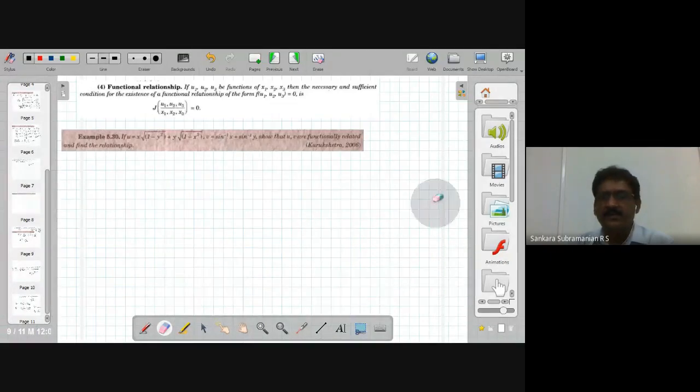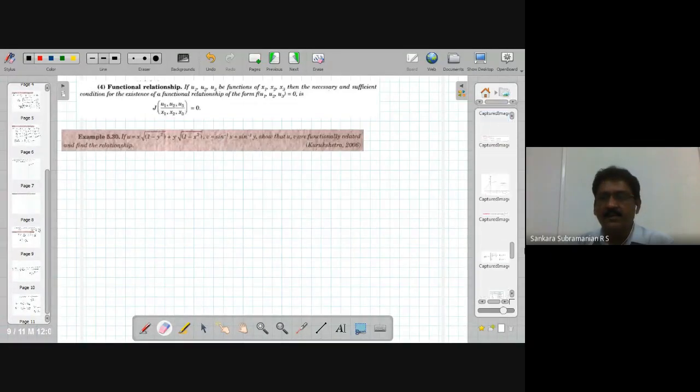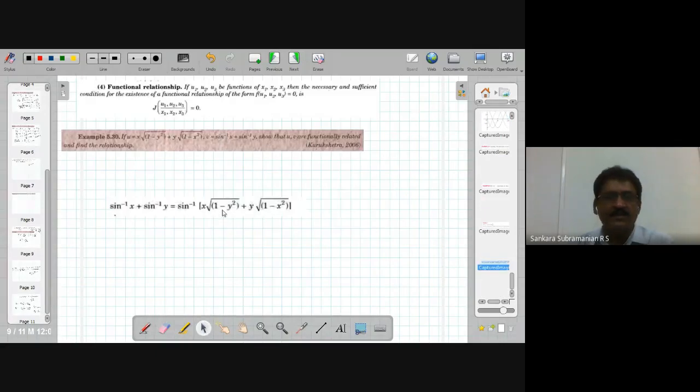So the first part is over. We showed that the Jacobian becomes 0. So therefore, it is functionally dependent. And if so, what is the relationship there? So you have to say that we know that sin inverse of x plus sin inverse of y is nothing but sin inverse of x into root of 1 minus y square plus y into root of 1 minus x square.